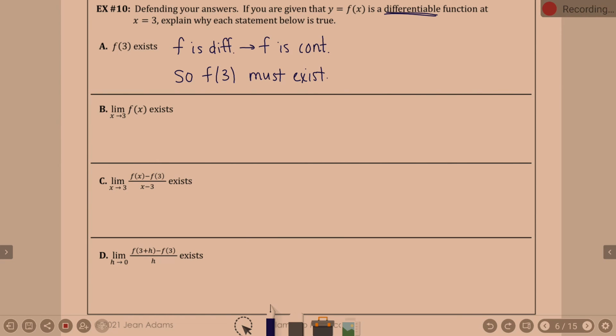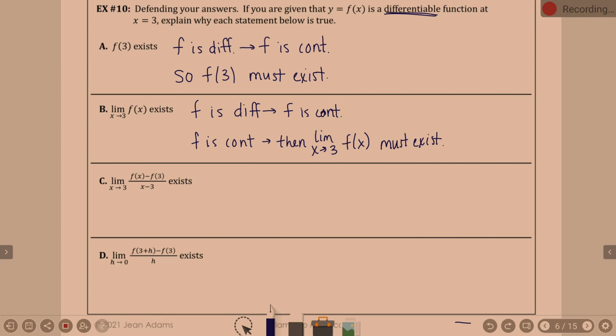So again, starting off the same way as last time, if f is given as differentiable, then f is continuous. If f is continuous, then the limit as x approaches 3 of f of x must exist. You could also throw in there, you wouldn't have to, because it's just based on definitions, that the limit from the left would have to equal the limit from the right.